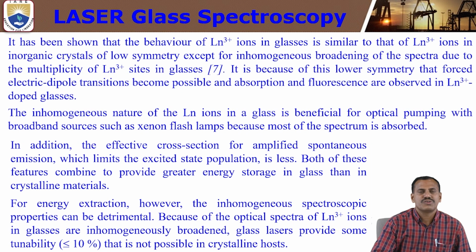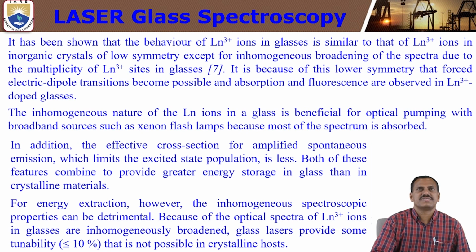Thus, it has been shown that the behavior of lanthanide 3+ ions in glasses is similar to lanthanide ions in inorganic crystals of low symmetry, except for the inhomogeneous broadening of the spectra due to the multiplicity of sites. Each and every rare earth ion has a different kind of multiplicity of lanthanide sites in glasses.